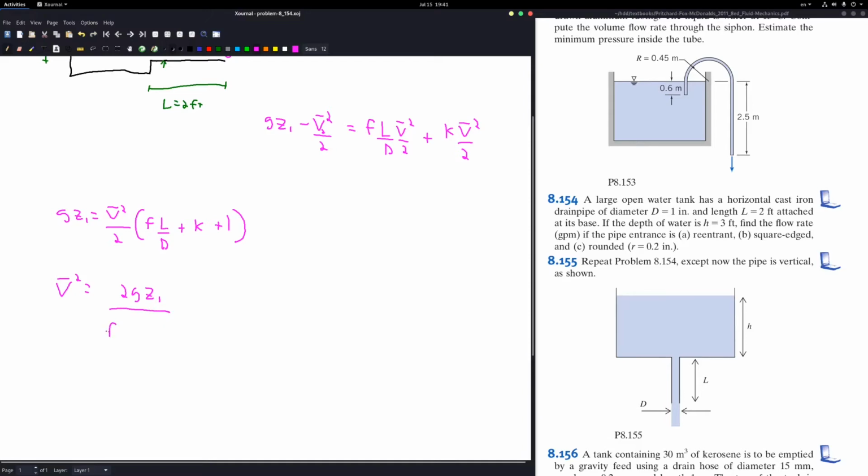Here we can write an expression then for V as a function of f and K.